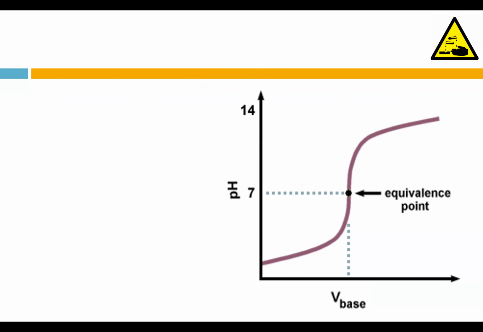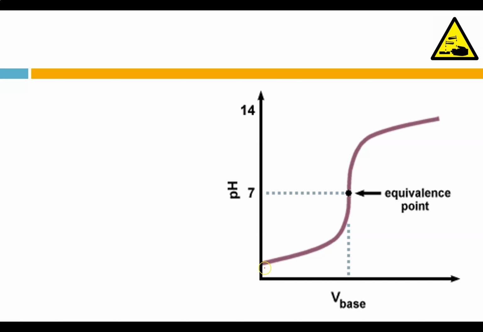Right. So we're going to look at a couple different titration curves and talk about what we can expect as far as the pH around the equivalence point and which indicator would be appropriate to use in each case. As we look at this titration curve, we assume that we've got an Erlenmeyer flask with acid, and we're going to put base in our burette, and we're going to slowly add base to the acid.